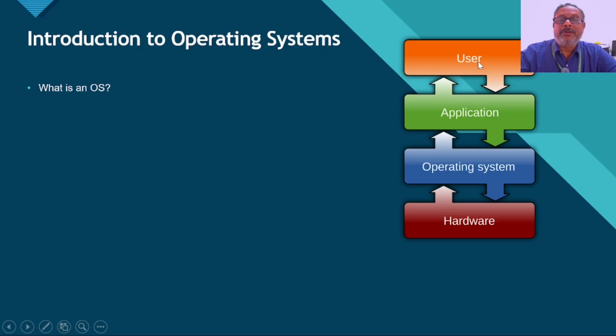and the user is allowed to interact only with the application programs. The user is working in the user mode, and other important activities will be working only in the kernel mode.